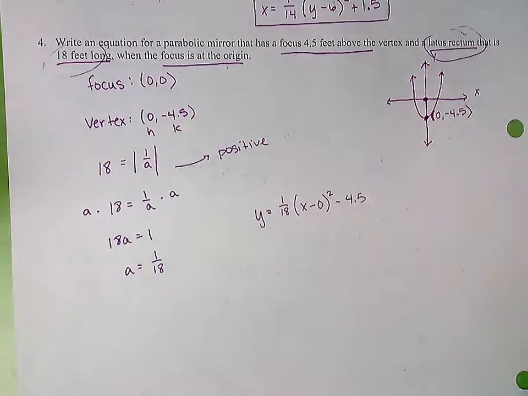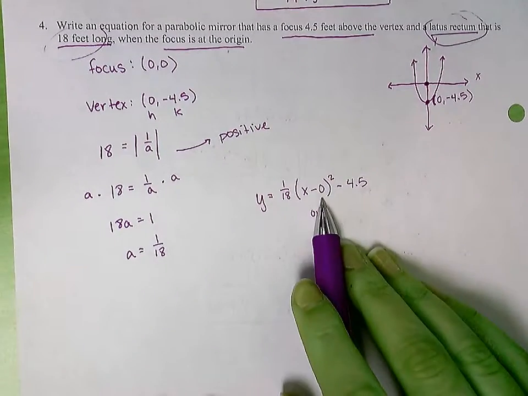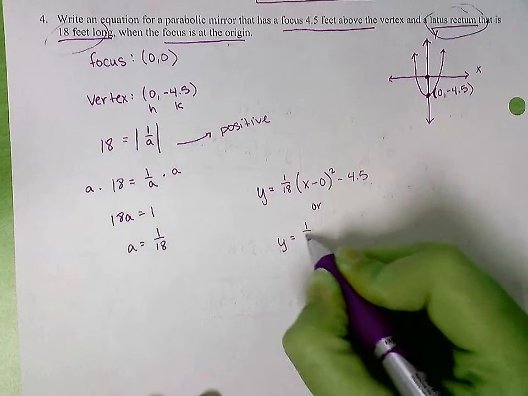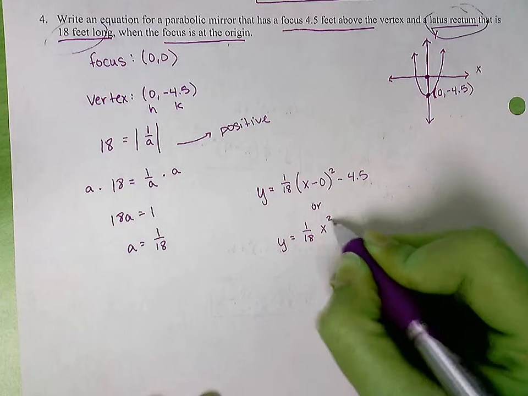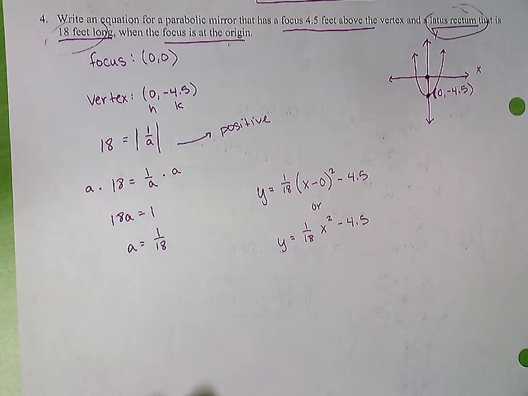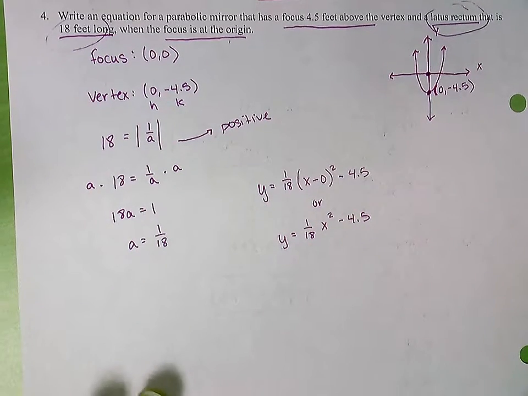Okay, so you can write it like this, or since it has 0 here for H, you could write it as Y equals 1 over 18, X squared minus 4.5. Okay, either way, it's the same thing, just because that H value is 0.